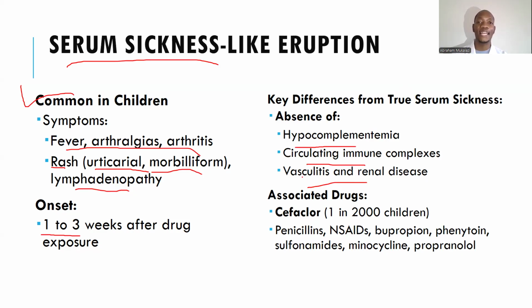So for serum sickness-like eruption, you don't have those three features. The drugs that have been identified, in this case, we have cefaclor, which is commonly given in children, and then drugs like penicillin, NSAIDs, phenytoin, sulfonamide, minocycline, propranolol have all been associated with serum sickness-like eruption.